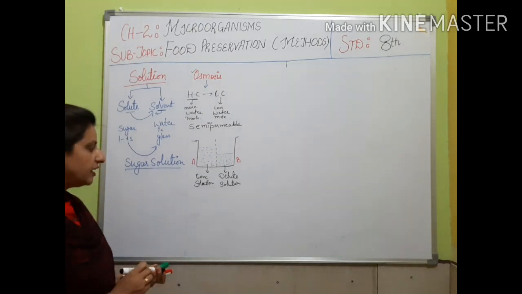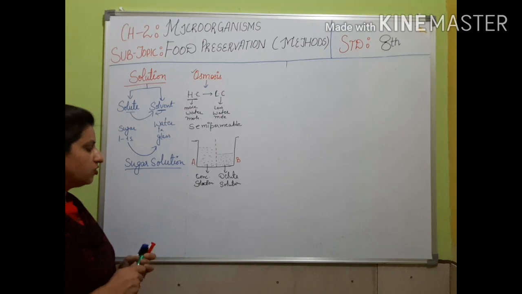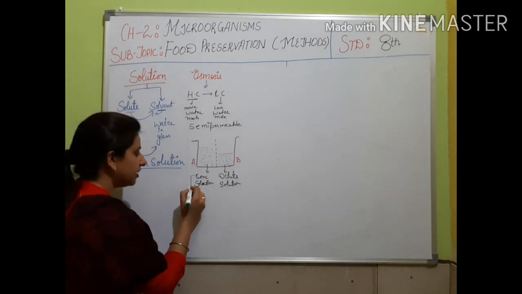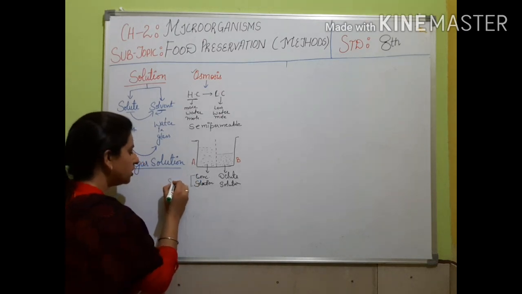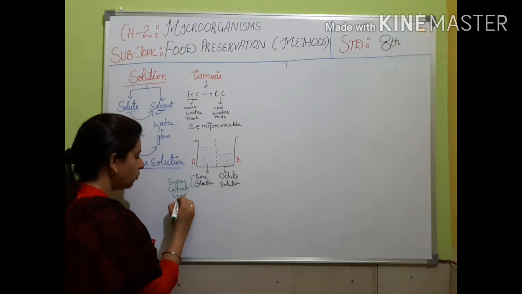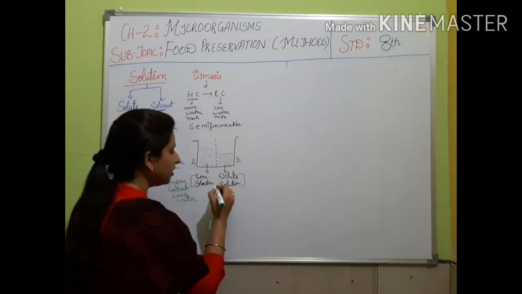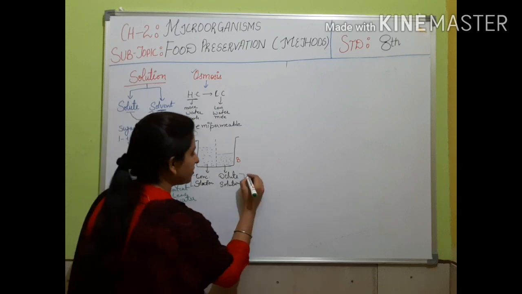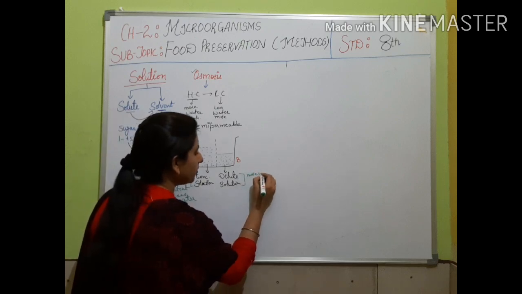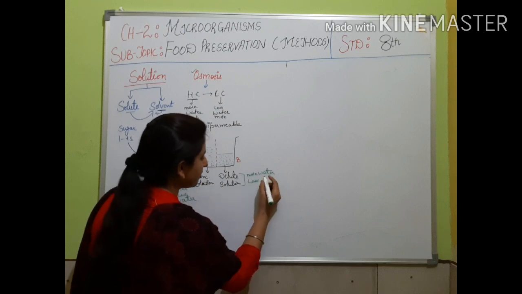Concentrated means it has higher sugar content and less water. And dilute solution means the solution which has more water and less sugar.